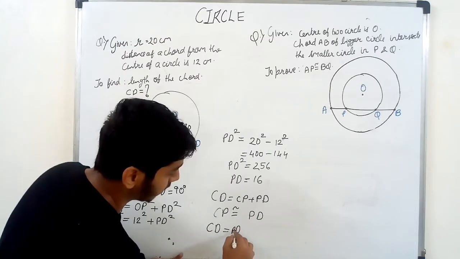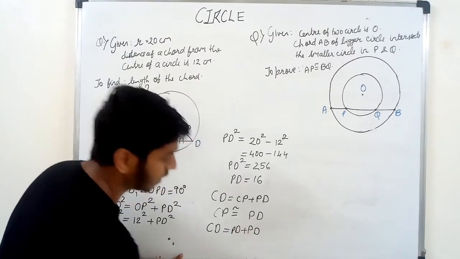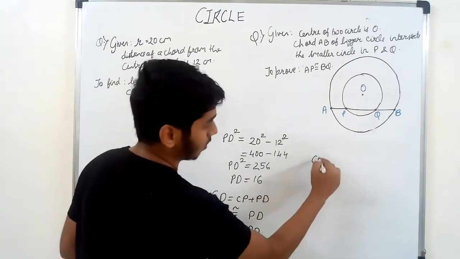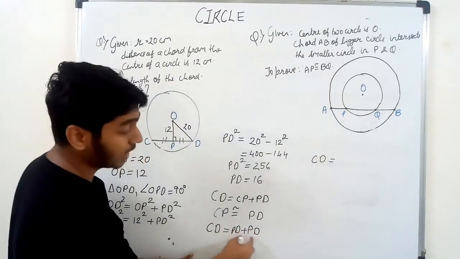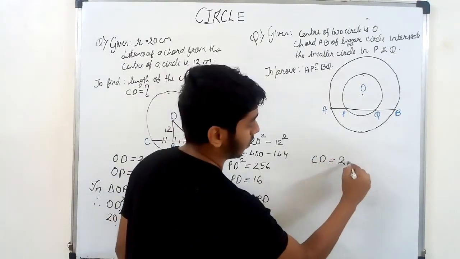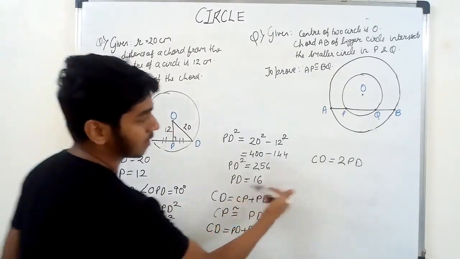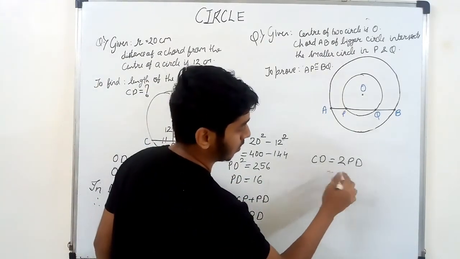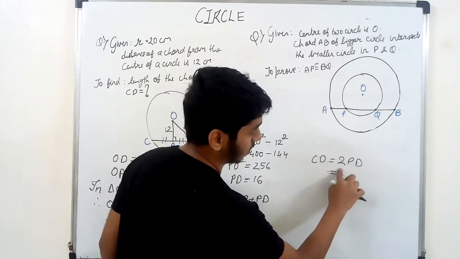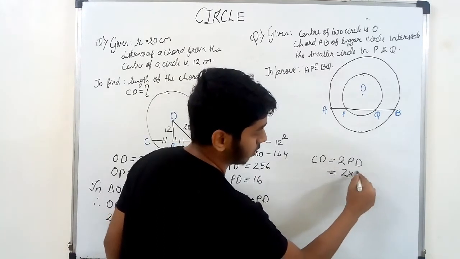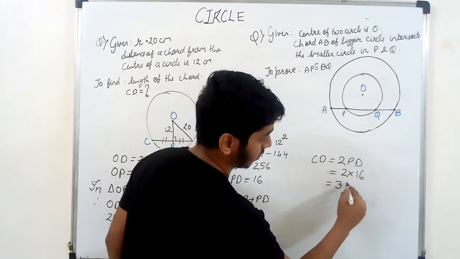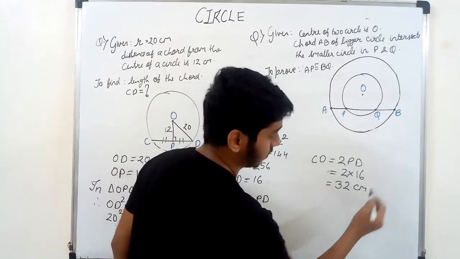So this will be PD plus PD. Therefore, CD will become PD plus PD, which is 2 times PD, correct? Therefore, PD is 16. So we can say that this is 2 into 16, which is 32 centimeter.